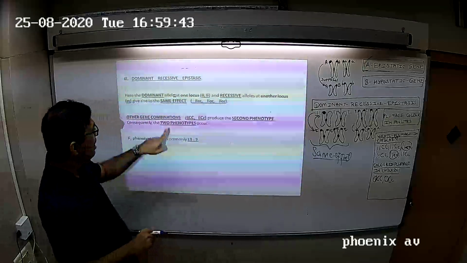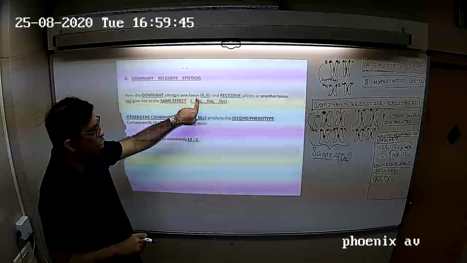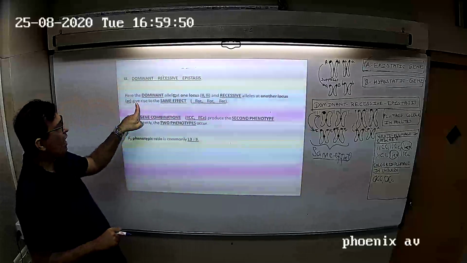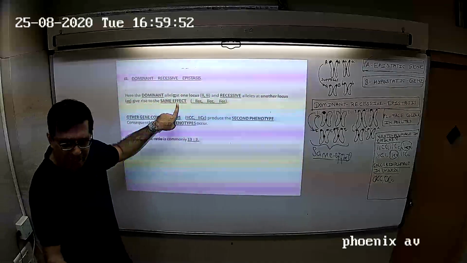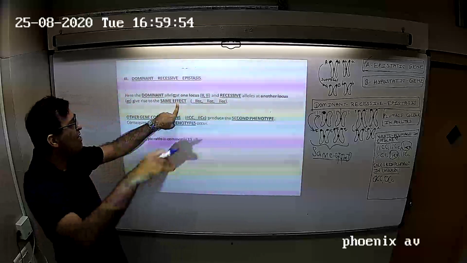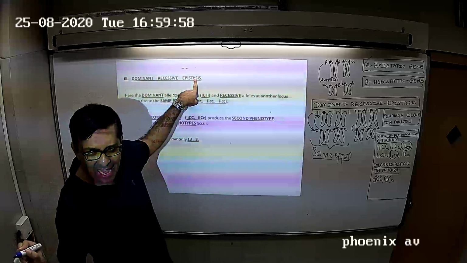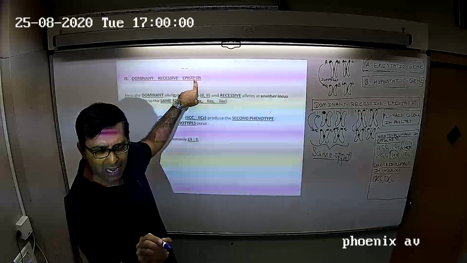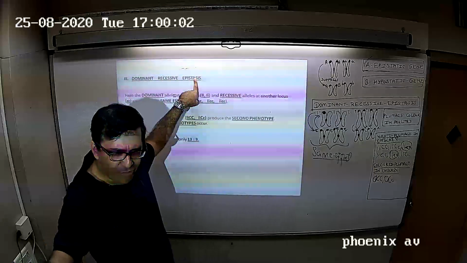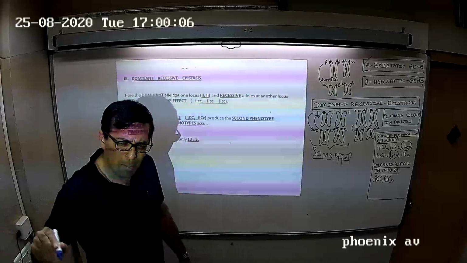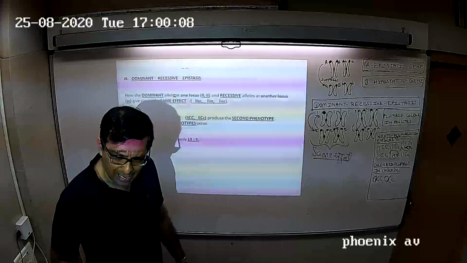What is the definition? Dominant allele at one locus and recessive allele at another locus give rise to same effect. Then what is that called as? Dominant recessive epistasis. इसे नोट्स में अंडरलाइन भी कर लेना और ये डेफिनेशन याद रखना जस्ट द डे बिफोर द नीट एग्जाम. बाकी सब इतना इंपॉर्टेंट नहीं है.